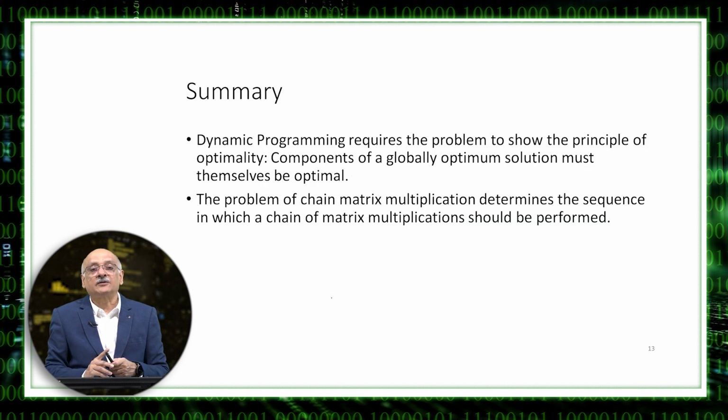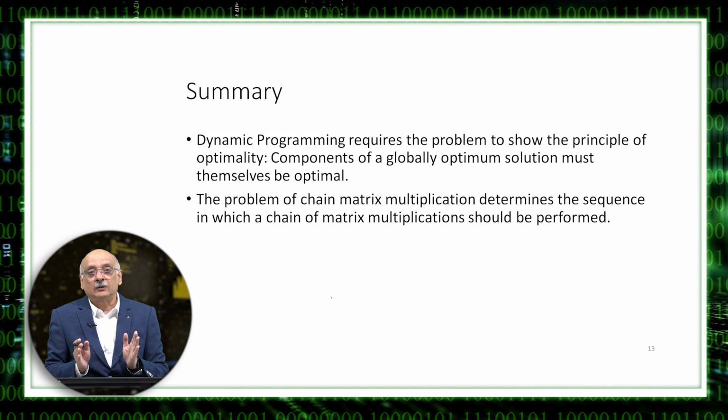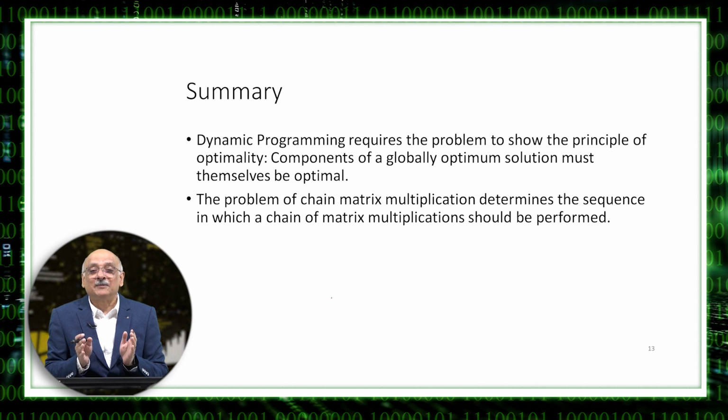Let us summarize what we have covered in this session. We have defined the principle of optimality. Dynamic programming requires the problem to show the principle of optimality, which means the components of a globally optimum solution must be optimum by themselves.